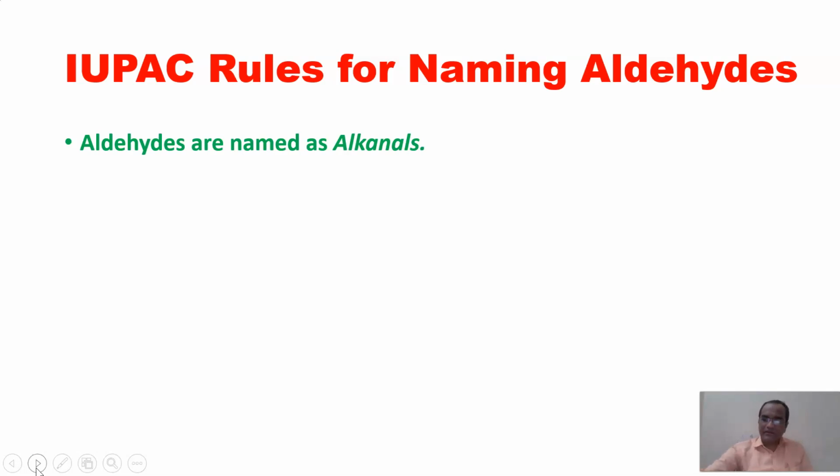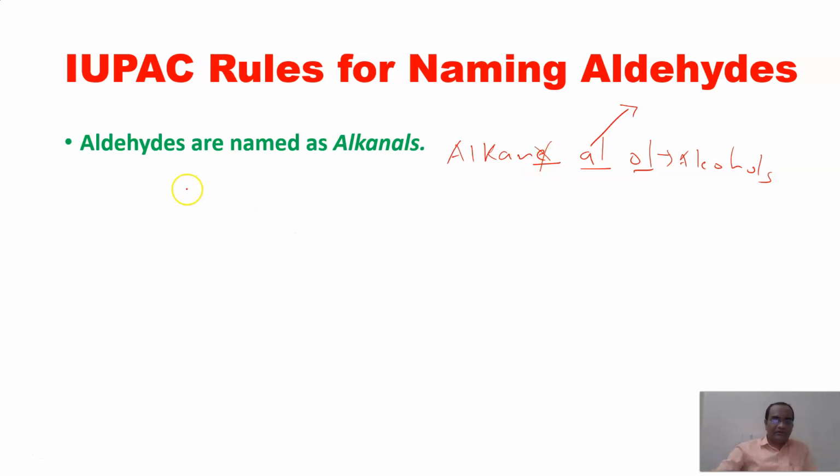So instead of alkane, as in the earlier cases also, the E is dropped and replaced by Al. Don't confuse it with OL. OL is for alcohols, and Al is for aldehydes. So remove this E and just put Al.